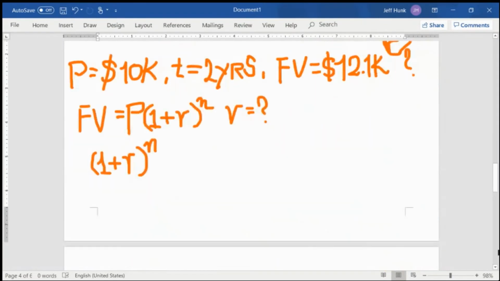Then 1 plus r raised to n is FV over P. Okay, so you're okay up to this point, but then our next question is, to isolate R, first we have to get rid of this exponent, right?